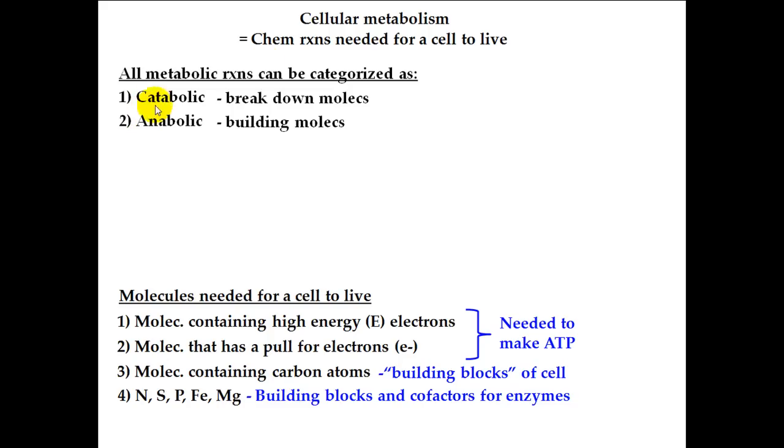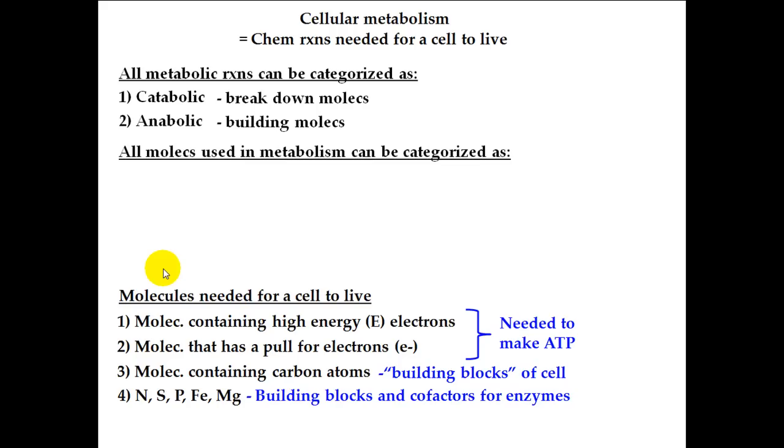Another way of categorizing all of these reactions happening inside of a cell is according to what type of molecules are used in each metabolic reaction. All of the molecules that you see listed here, as far as ones that are really needed in order for a cell to live, can be categorized as one of two types. Some molecules are organic, and by definition, if a molecule is organic, it contains both carbon atoms and hydrogen atoms.